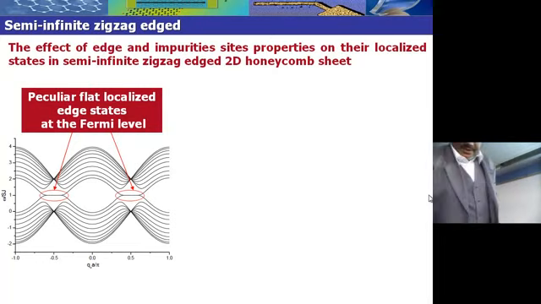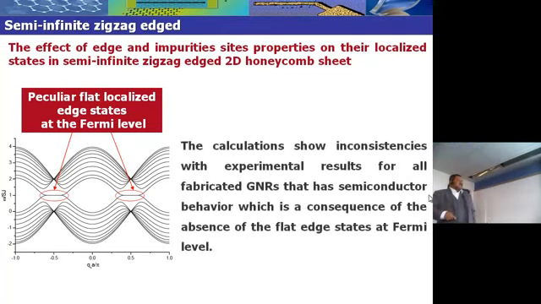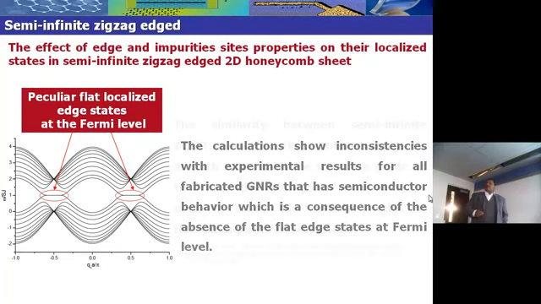To resolve this discrepancy between the theoretical models and the experiment, we use another method to study this edge localized state. In previous calculations, they used a boundary condition that cancels the edge effect. So in this way, we try to use the tri-diagonal method.